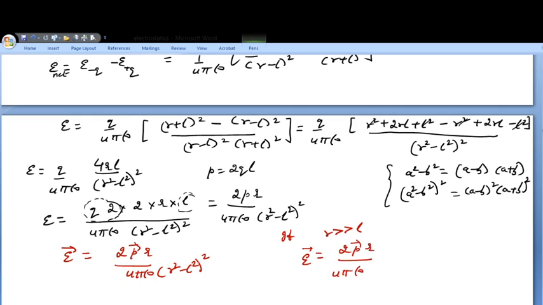Now see, L square can be neglected, so this will be R raised to 4 and one R will cancel out, so this will be 2P upon 4 pi epsilon naught R cube. So this equation is important: net electric field is equal to 2P upon 4 pi epsilon naught R cube.